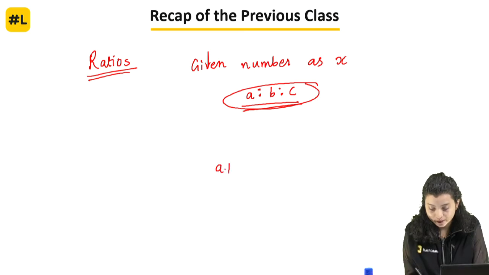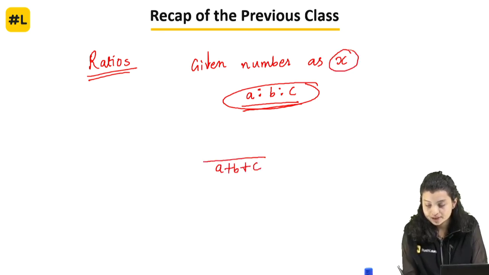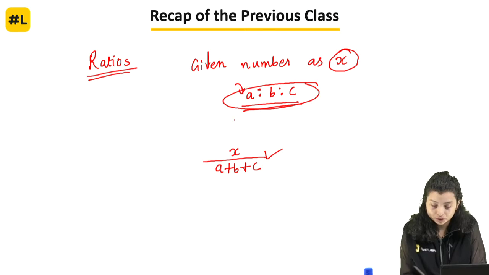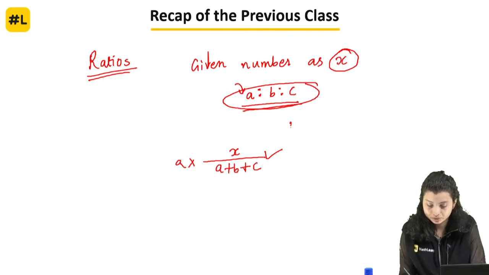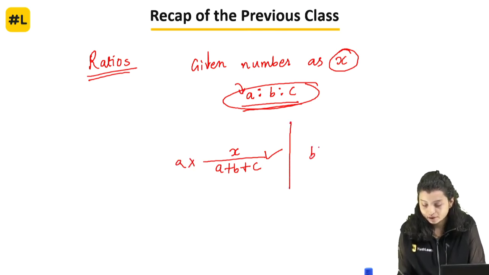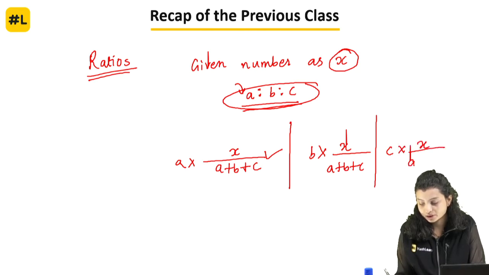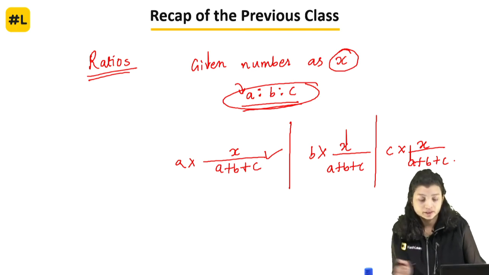So I'll add a plus b plus c, and then I have to divide my given number by that. And if I ask you what is this part, you will multiply a into it, so it will give you the value of the first part. If you multiply b into it, it will give you the value of the second part. If you multiply c into it, it will give you the value of the last part, right?